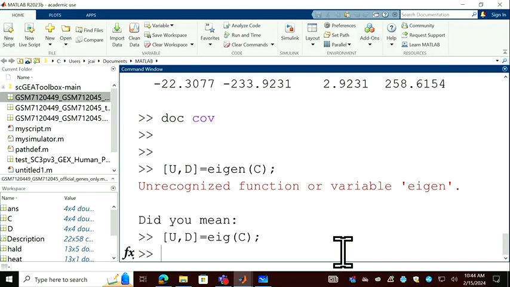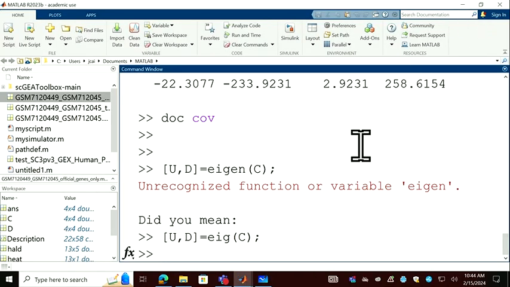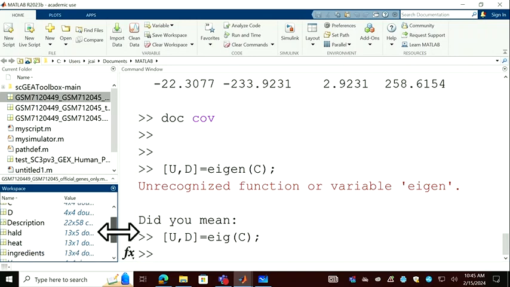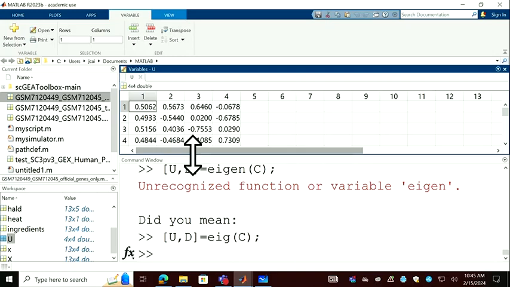So what should the dimensionality of this rotation matrix U be? In the example I drew, we used a 2D system, so our rotation matrix was 2 by 2. But this data set has four dimensions, so the rotation matrix should be a square 4 by 4 matrix. If you check, this is the rotation matrix, okay?